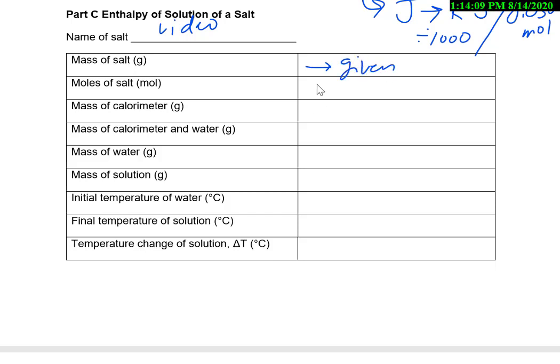And then you can calculate moles using molar mass of that salt because it'll tell you who the compound is. So you can use molar mass to get to moles. And then you'll also be given calorimeter alone, given calorimeter in water, which you can use these two to calculate the mass of just the water.